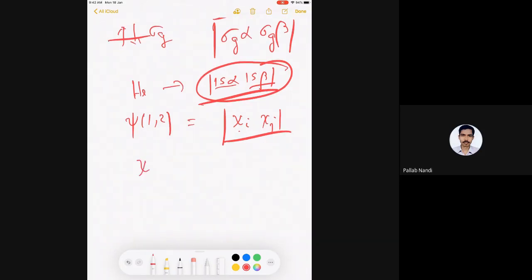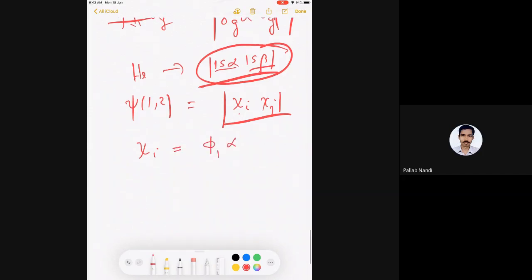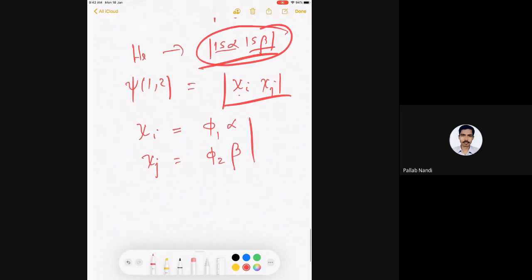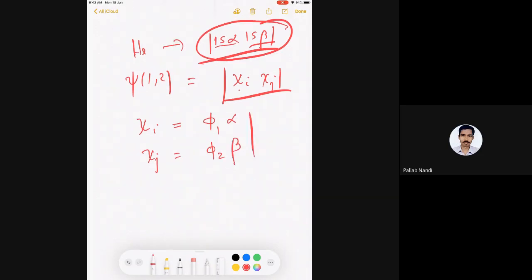And then I say that my chi I is some orbital phi 1 with the alpha spin, and the chi j is the same orbital or some other orbital with a beta spin. So it can be phi 1, it can be phi 2. So I'm assuming it, for generality, some other phi 2. So the space orbitals are also different, spins are also different. So I'm just taking an example.